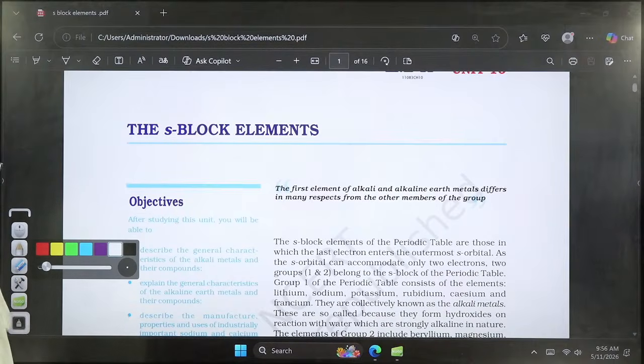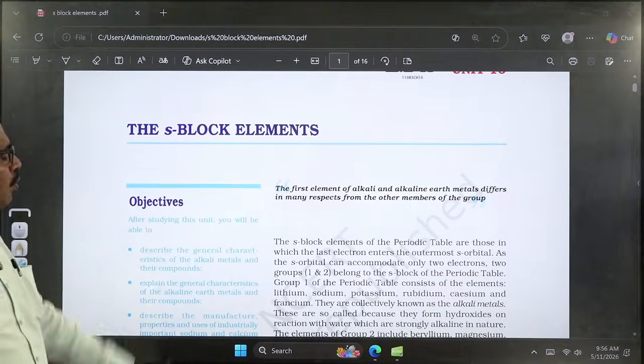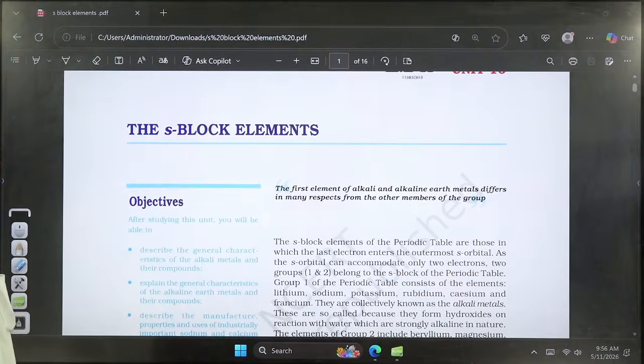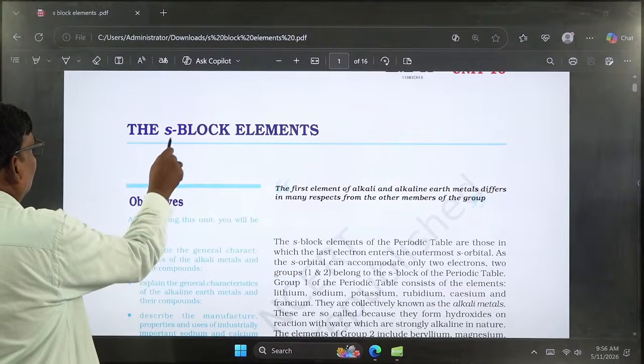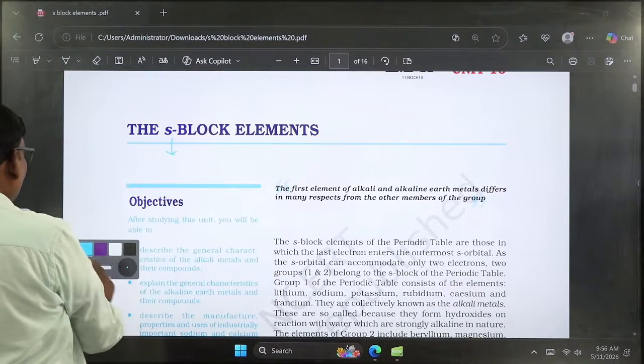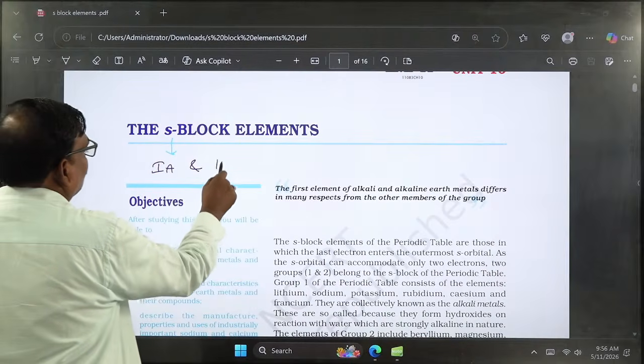Mostly they are in a mixed format. That means those questions will be in a combined format of 2 groups. Actually we know that the S block contains 2 groups: one is the 1A group and another is the 2A group.